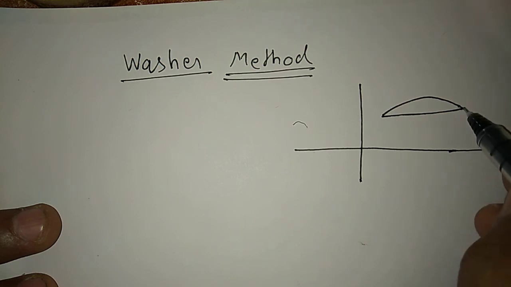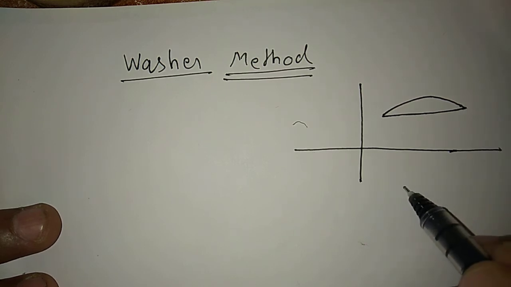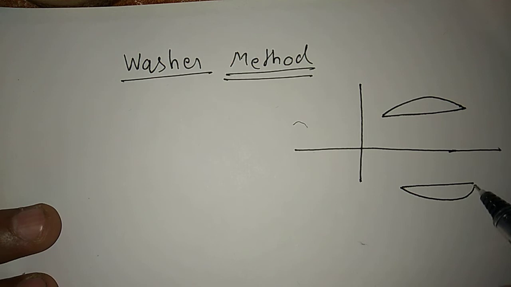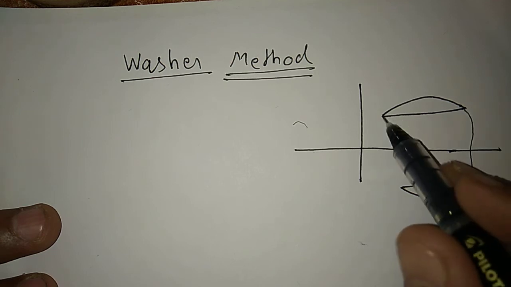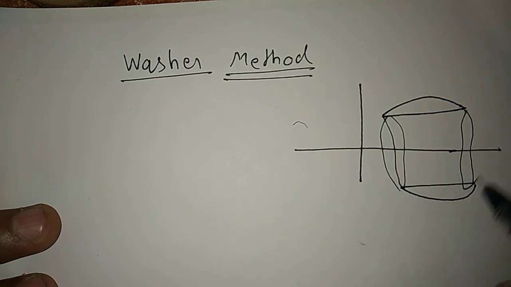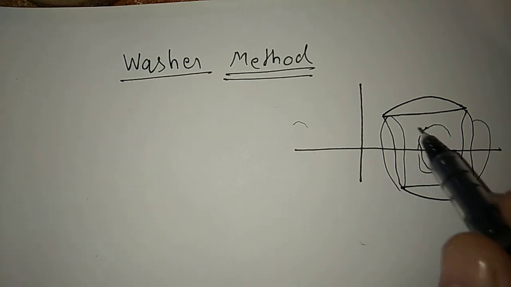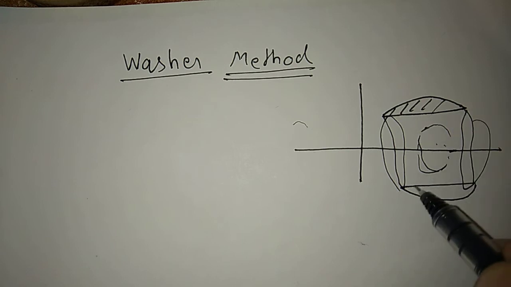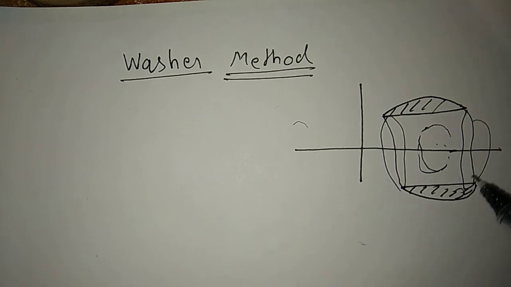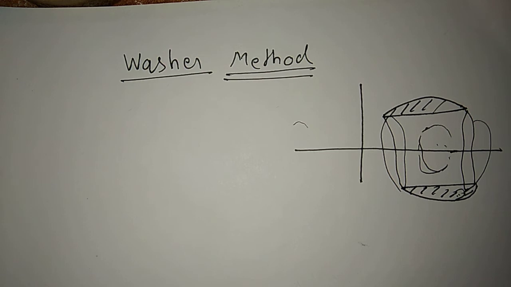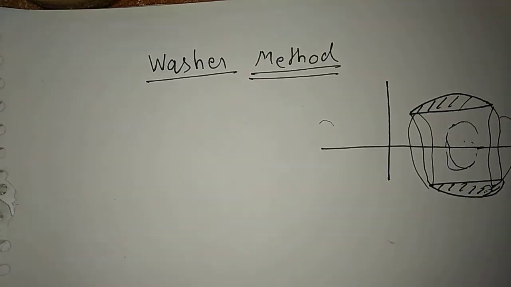If I ask you to rotate along the x-axis, what do we get? This part won't be involved. We are rotating only this curve, so we get this type of thing. So we get a solid which has a hole. So how to deal with this one?